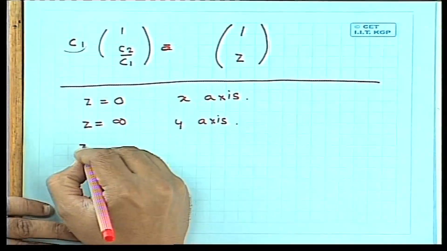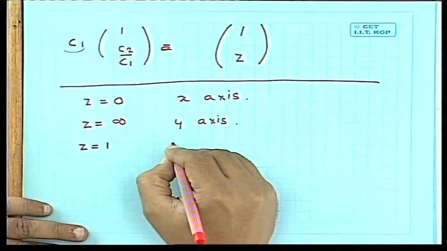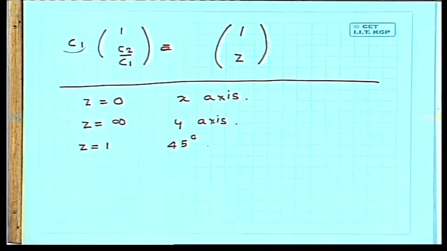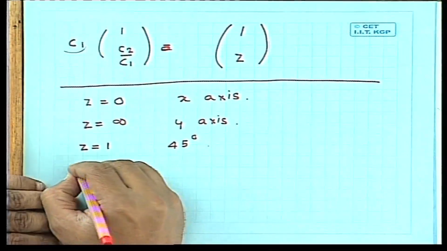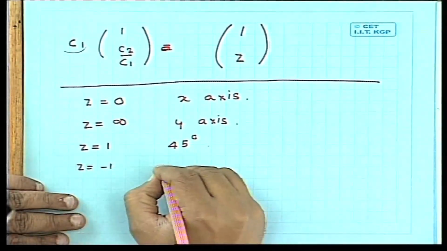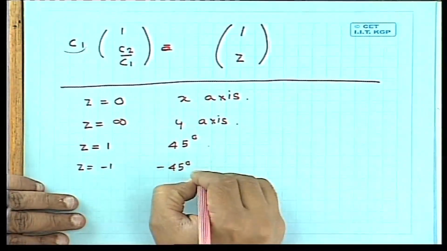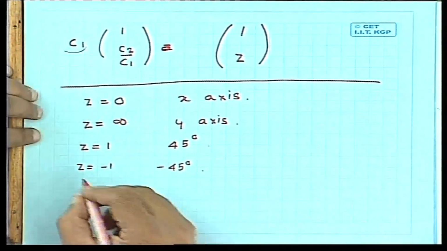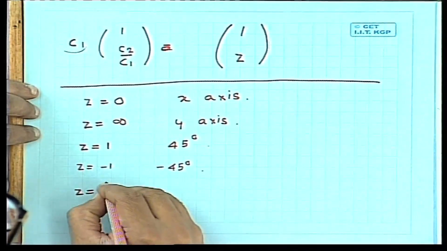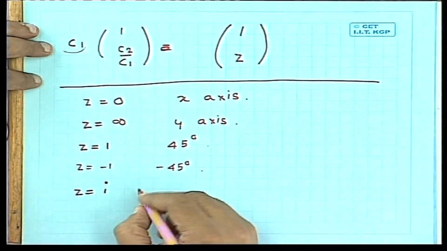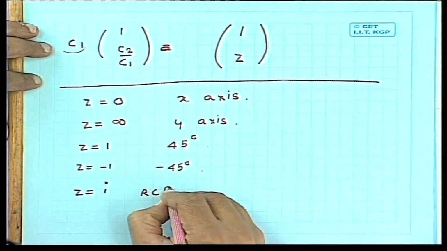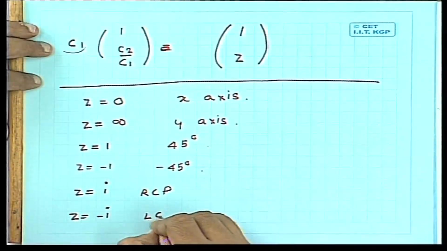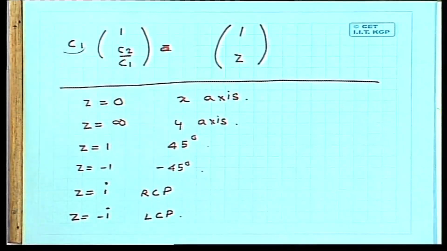If z is equal to 1, this is light polarized at 45 degrees. z equal to -1 is minus 45 degrees to the xy axis. Similarly, if z is equal to i, then this is right circularly polarized. If z is equal to -i, this is left circularly polarized light.